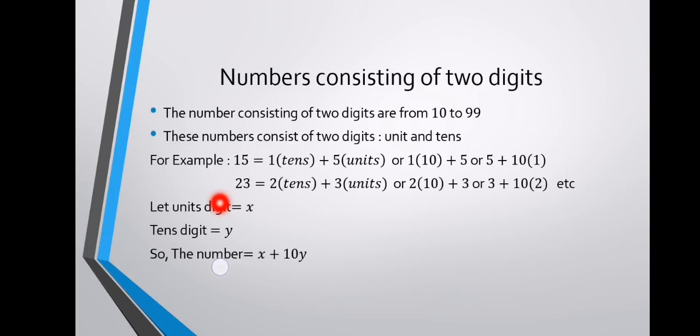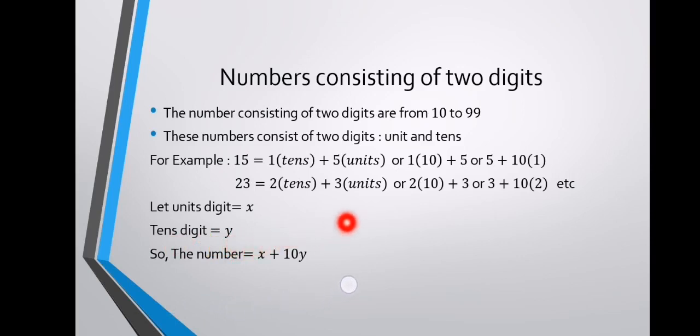Similarly, if we are taking another 2-digit number, for example, I am taking 23. 23 can be broken down into the sum of tens and units as 2 into tens plus 3 into units, or 2 into 10 plus 3, or 3 plus 10 into 2, etc. So we are going to suppose the units digit as x and the tens digit as y.